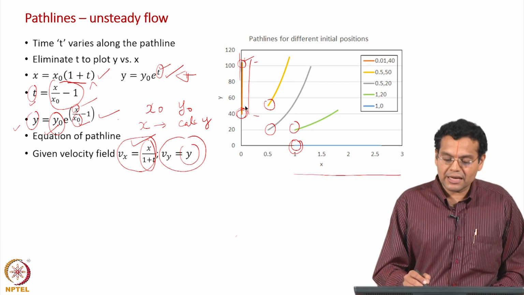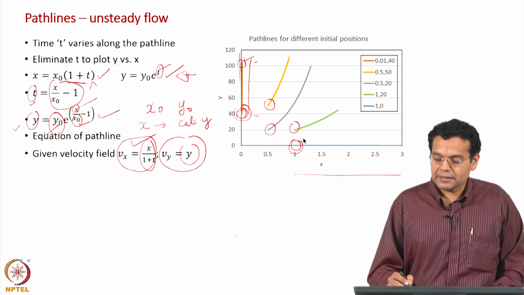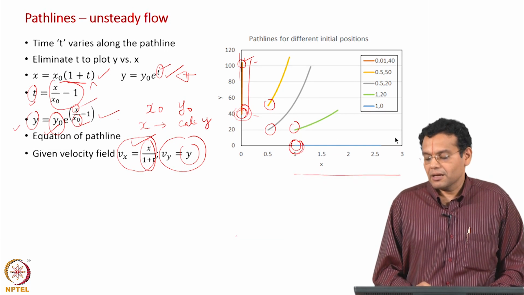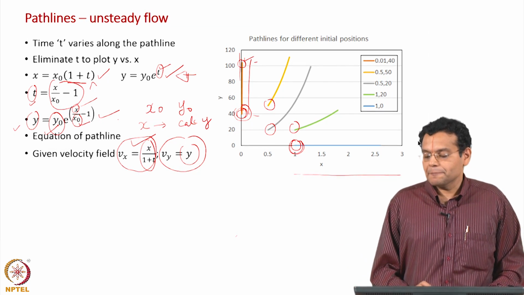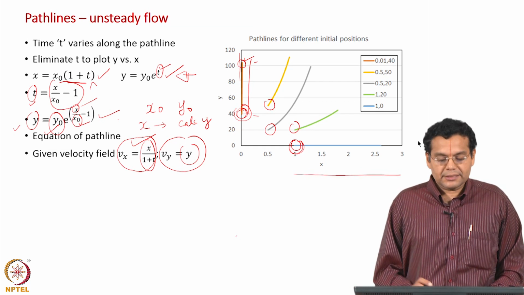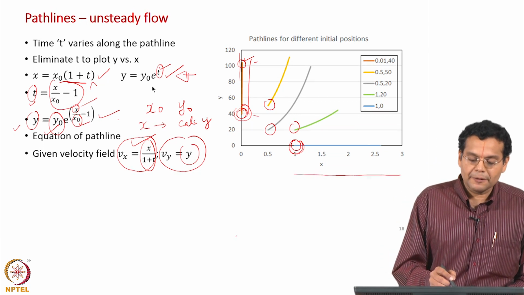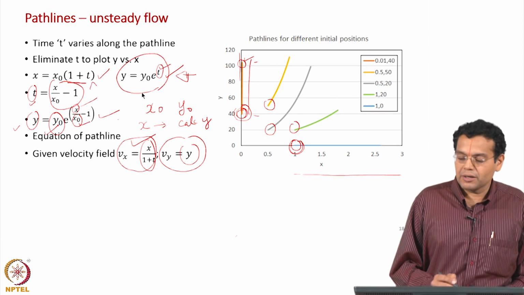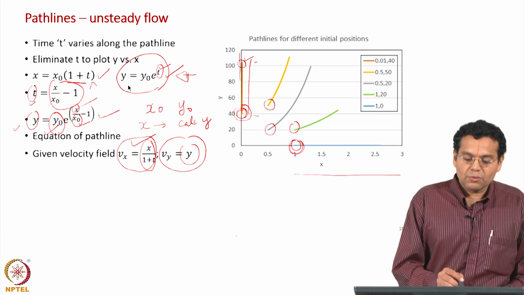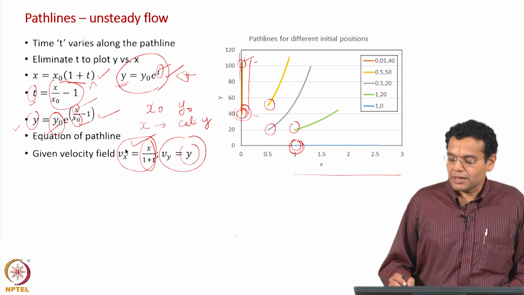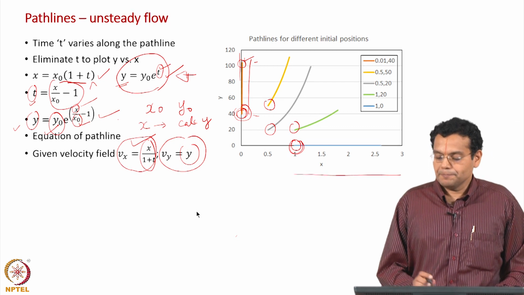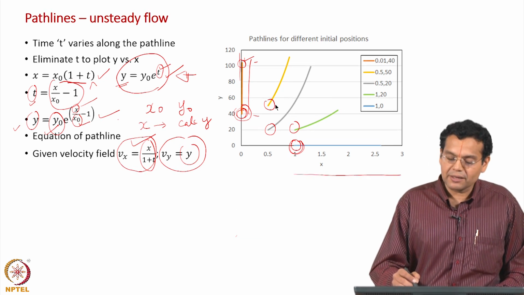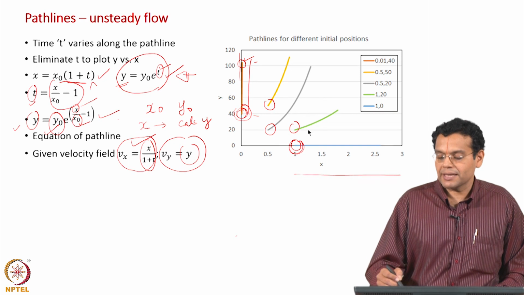So this one travels almost along a vertical line, and this one almost perfectly travels along the x axis. You can also see that from this equation: when y naught is 0, y remains 0, and that is why this particle travels along the x axis. Of course, intermediate locations have different path lines based on the x naught and y naught values.